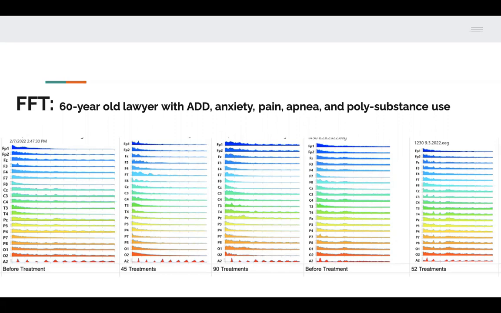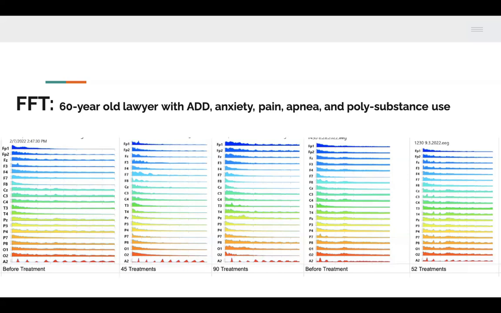And so he came in, and you can see his first brain map on the left before treatment. He had nothing. The only things that you see are artifacts from the heart on the very bottom emanating into the brain map. Apart from that, it's just smeared, diffuse, nothing.